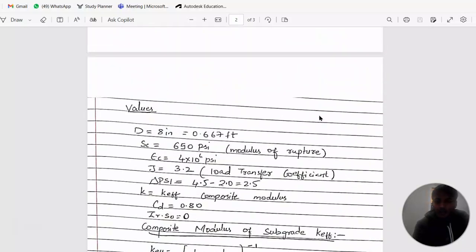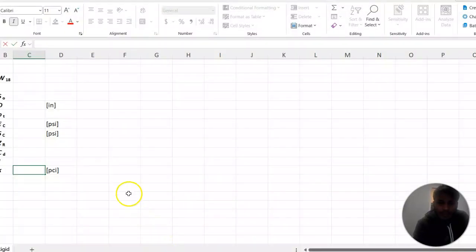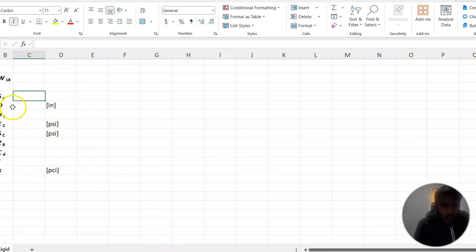Let me substitute all these values in the Excel sheet and you will get to know the exact thing. So we are opening the Excel sheet. In the Excel sheet, as we have SO, let me see in the PDF what SO is.